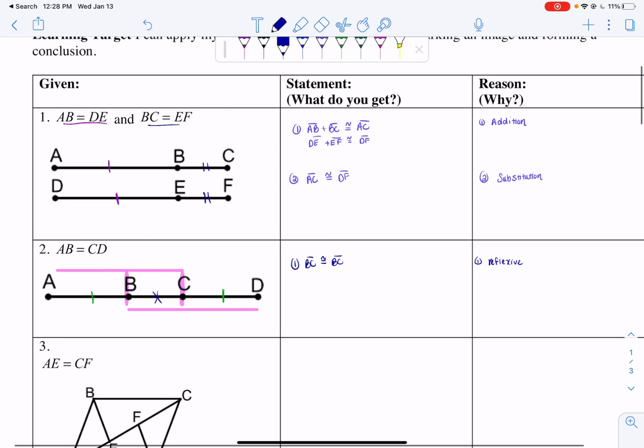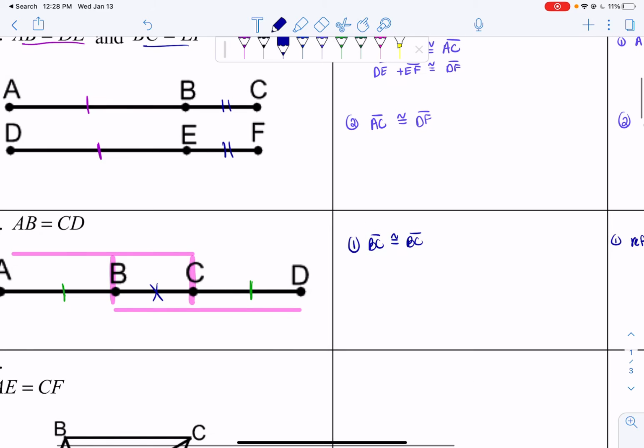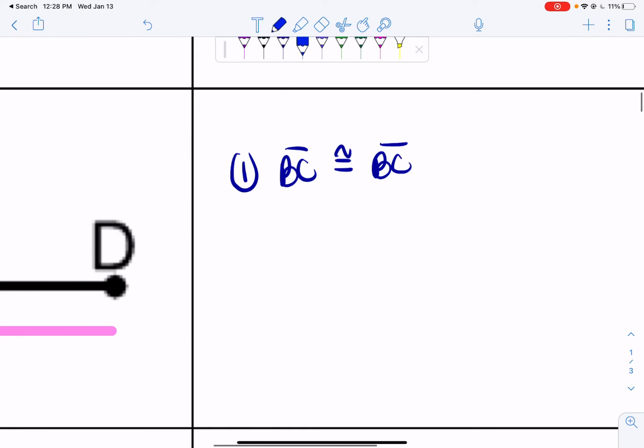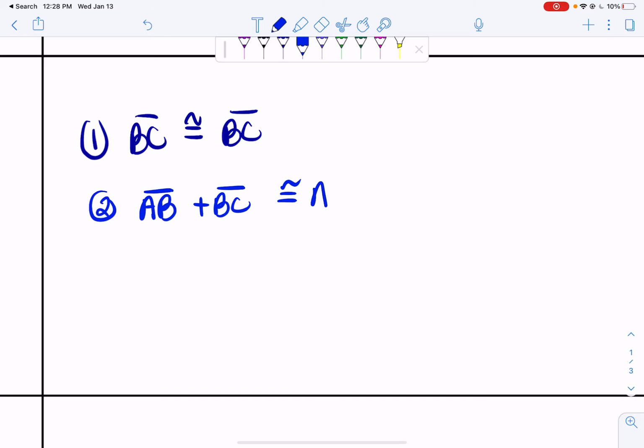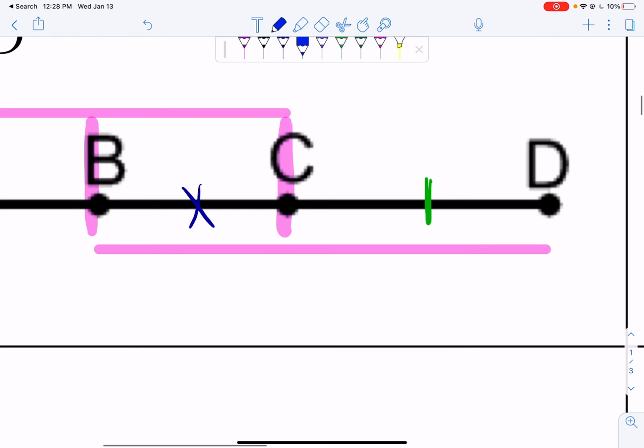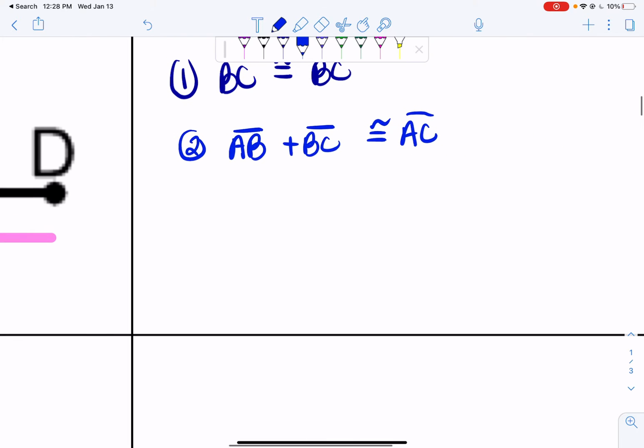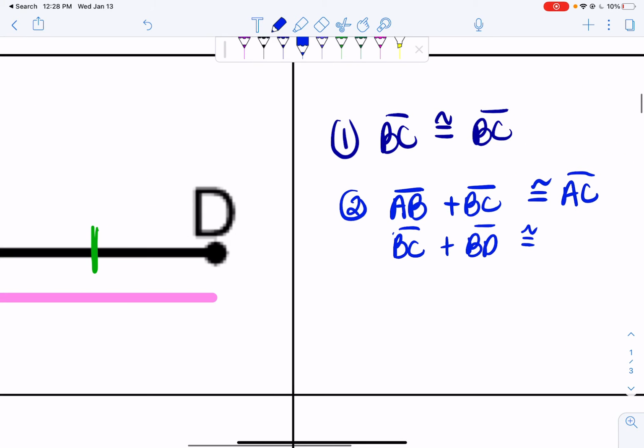Now I'll do what I just did before. I'm going to add my segments together to make a whole segment. So I will have AB plus BC is congruent to AC, because part plus part is equal to your whole, so AB and BC make AC. And now I can do BC plus CD, not BD, sorry, and that's congruent to BD.